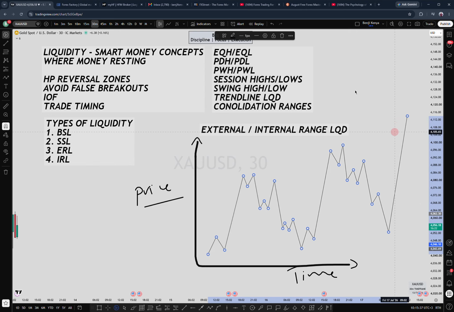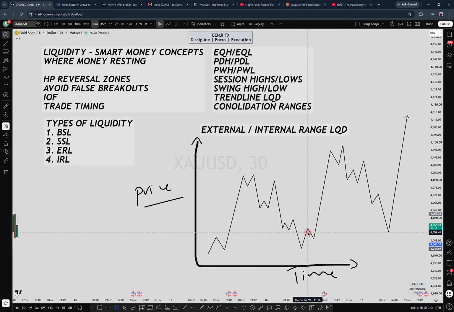So we can have that. This is just a bullish structure, and this is how the market will always look. I'm just explaining the difference between external and internal range liquidity.